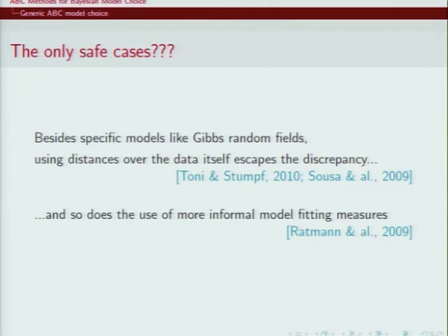Okay, and so our temporary conclusion at that time was to stick to model assessment evaluations, that is model by model, trying to check whether the model was fitting the data based on the ABC run for this model, rather than being more formally Bayesian and believing in the posterior probability of one model against another. Because there are cases where you can use the whole data and not throw away information, but there are other cases like these population genetic examples where you cannot definitely use the whole data.